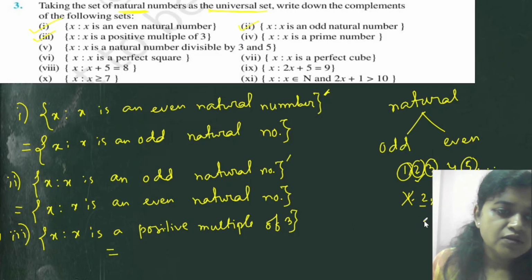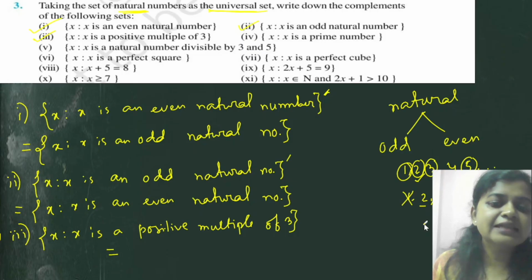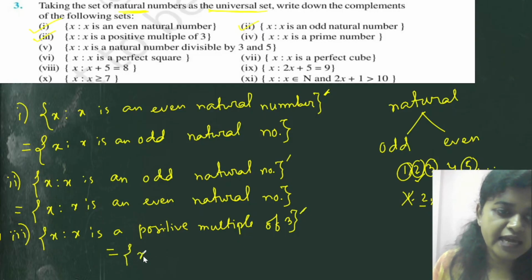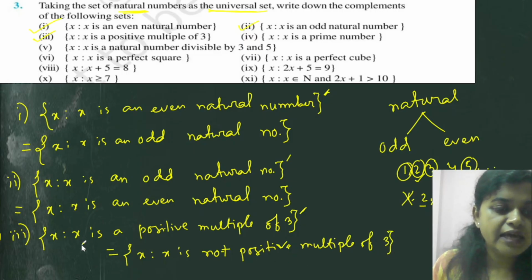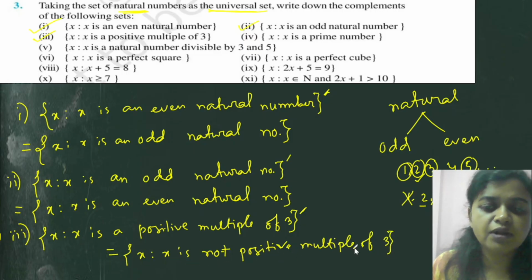So the numbers other than multiples of 3 are the complement of this set. So we will write x such that x is not a positive multiple of 3. This is the required set: x such that x is not a multiple of 3.